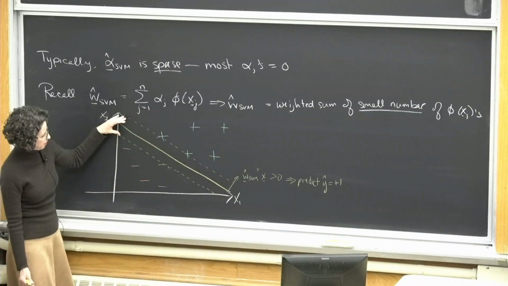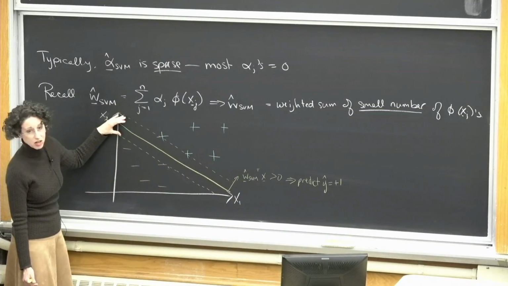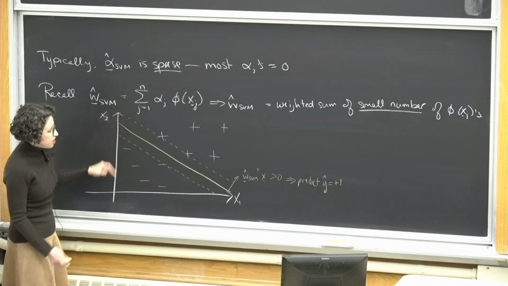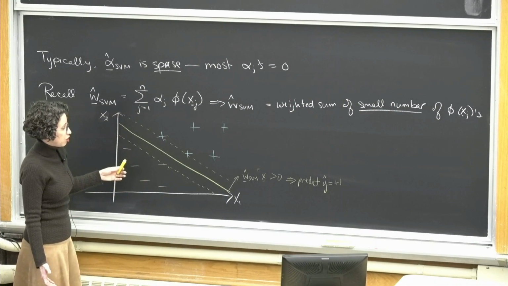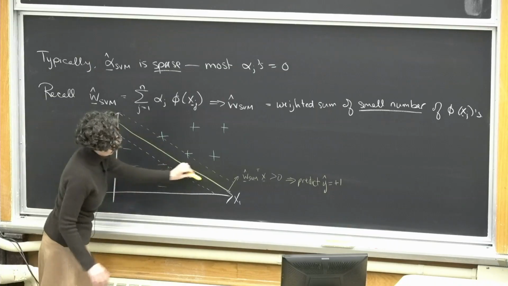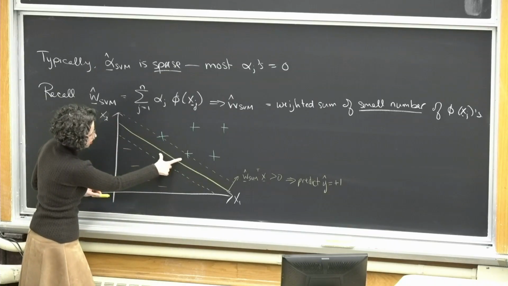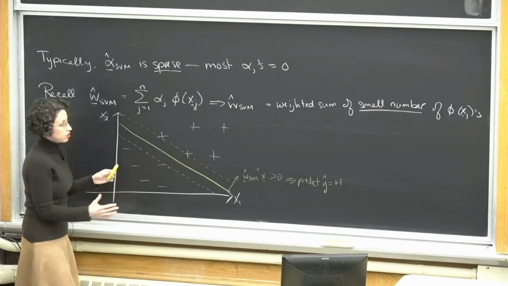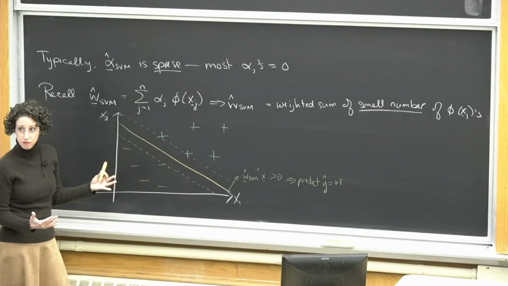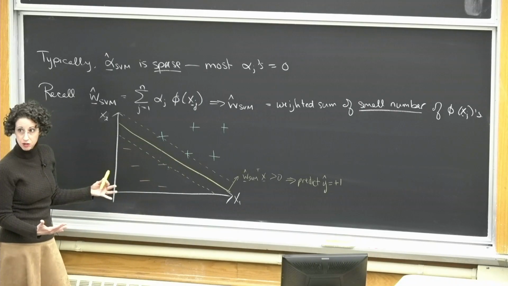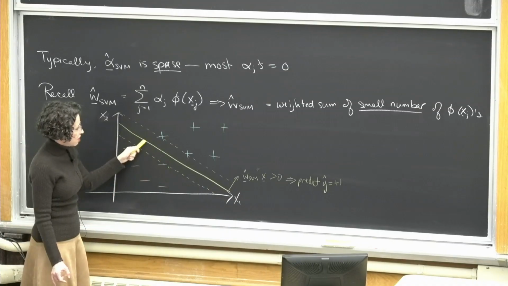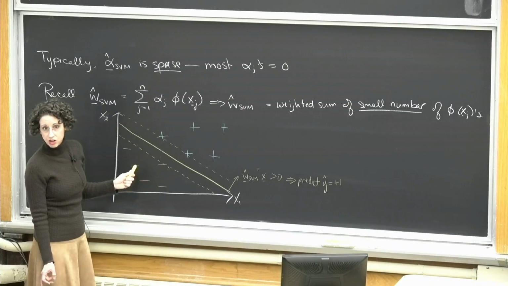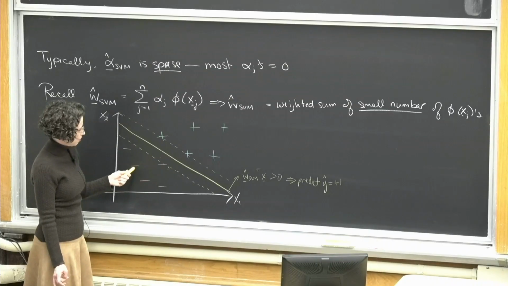I've got this tube here, like I've drawn with the dashed lines. Within that tube, there's lots of different decision boundaries I could have drawn, right? I could just take this boundary here and angle it a little bit and I would still have perfect classification on all of my training samples. So there's many different weight vectors that would give me 0 classification error. I'd correctly label all the samples.